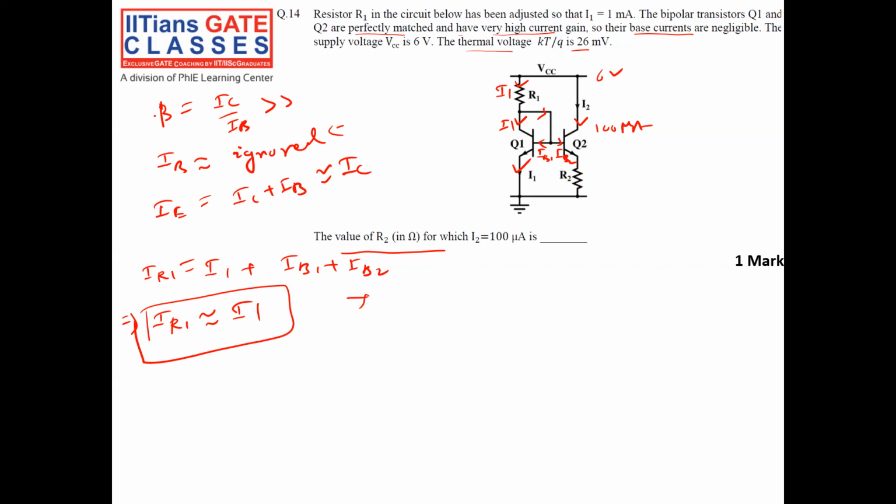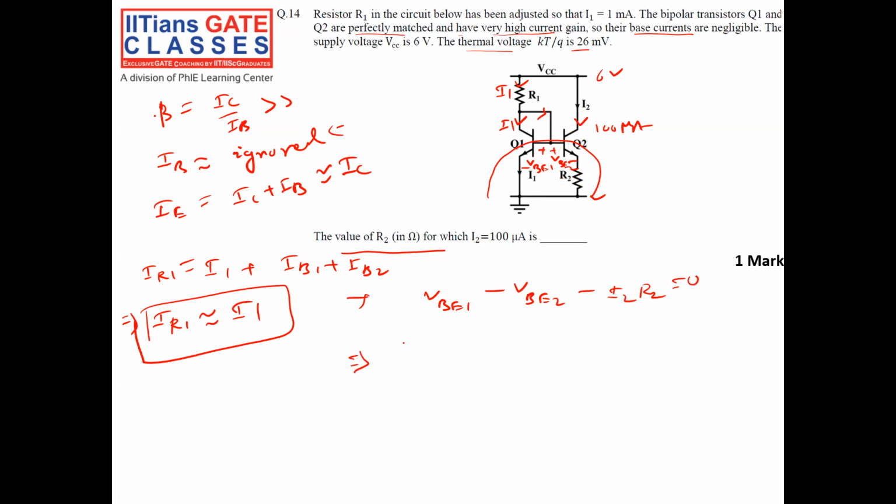Right. So if I apply a KVL, this is my VB1, this is my VB2. So if you take a KVL like this, what is the KVL? VB1 minus VB2 minus I2 into R2, because the collector current I2 flows into my emitter since base current is very small, equal to 0.